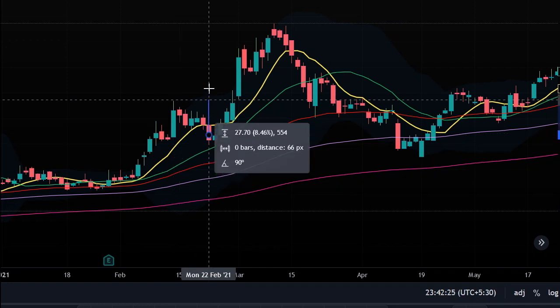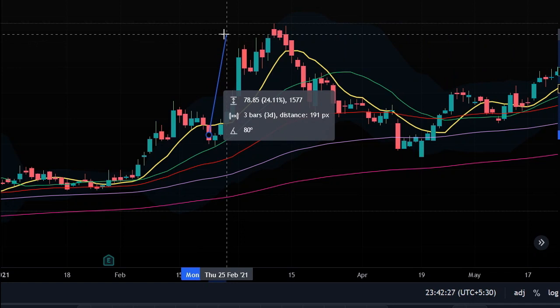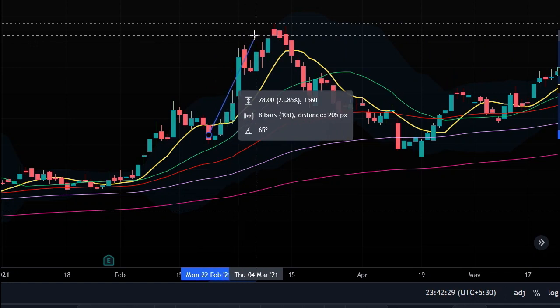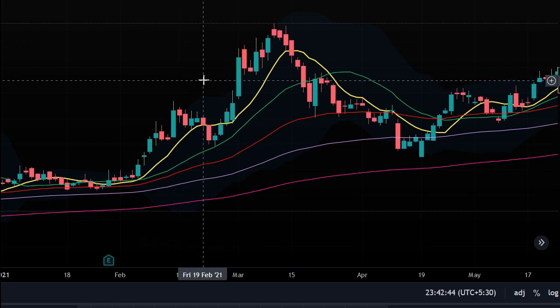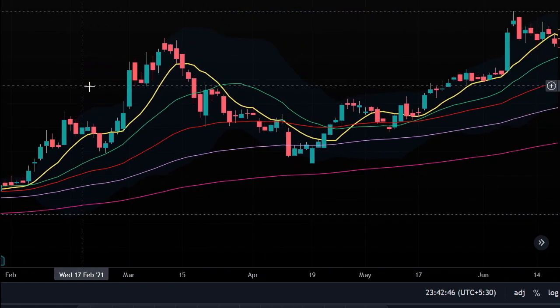We can take entry at this point, and we are getting 24% profit in just 1 week. That's the power of moving average.